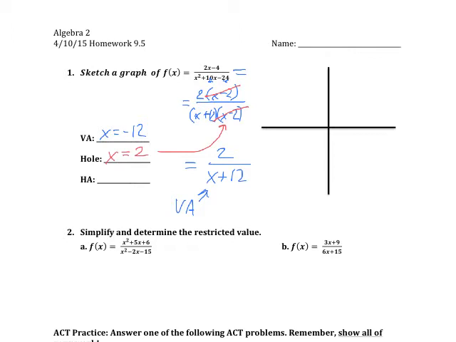So as far as the graph goes, I can go over to my graph now and I can be certain that if I count over 12 spots, 3, 4, 5, 6, 7, 8, 9, 10, 11, 12, I have a vertical asymptote there.